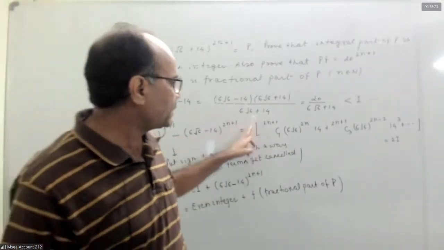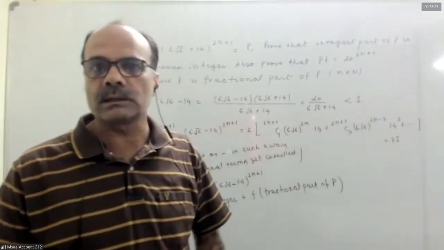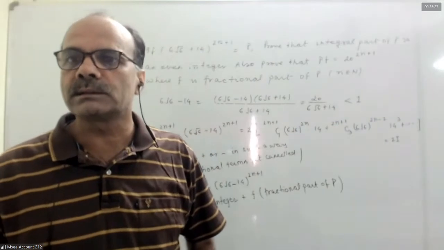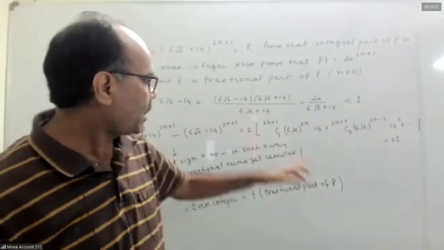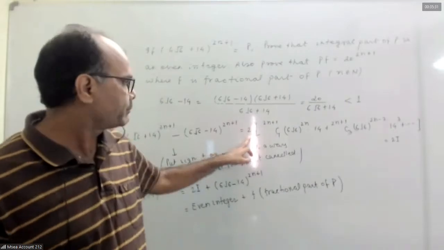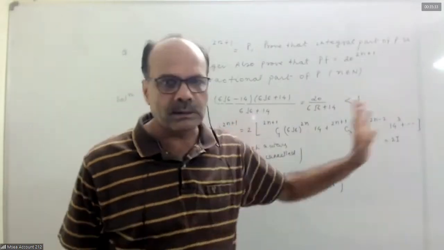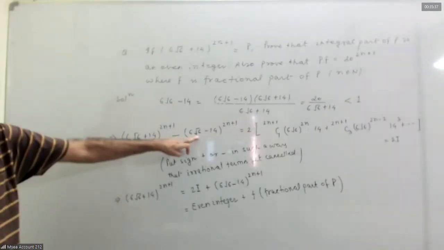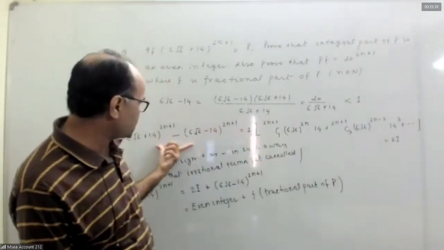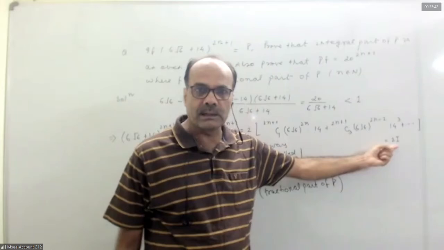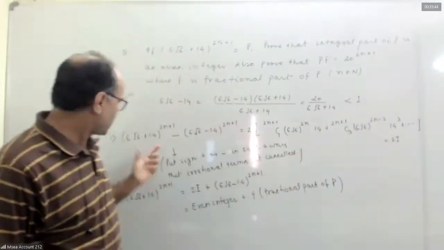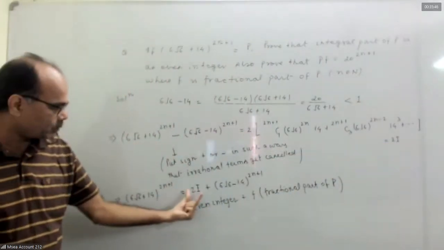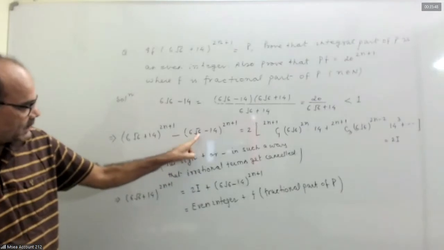So within the bracket, all the terms are integers, and sums of integers are integers. Outside, 2 is sitting, so on the right side we are getting some even integer. This whole quantity equals some even integer, 2i. So p becomes 2i plus this number, sending it to the right side.